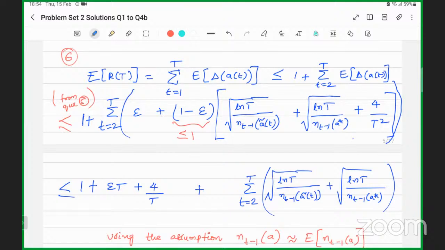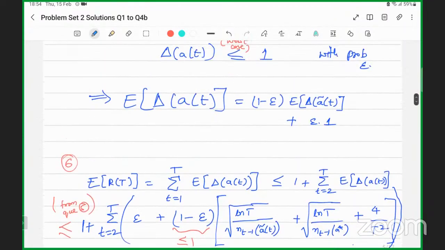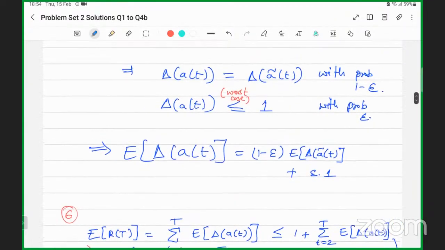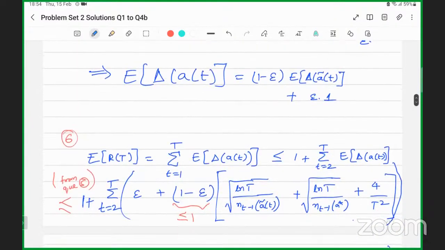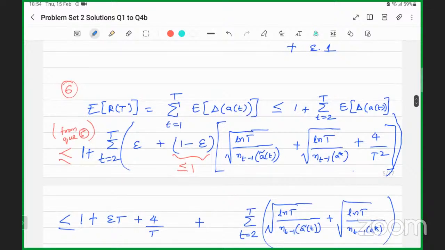So I mean we have to do it for K plus something. I think that is just to take care of that initial condition. You can just ignore that, but that's not so important. Let's say, assume the first K rounds if you want, or just till every arm is played once.